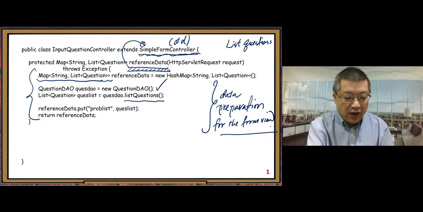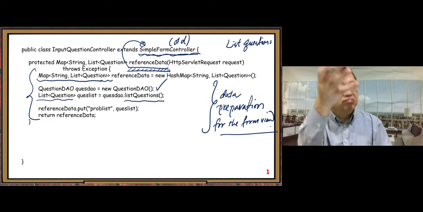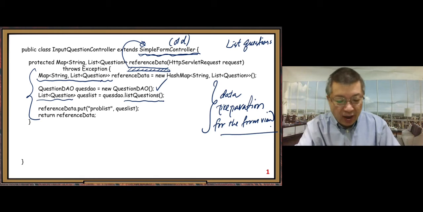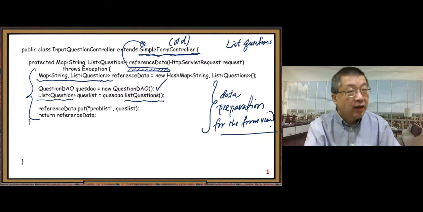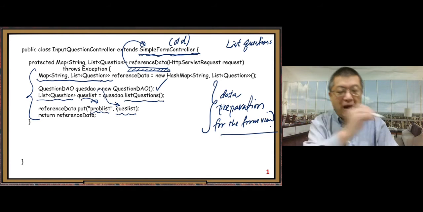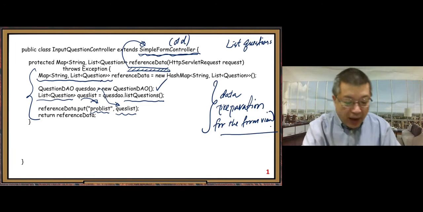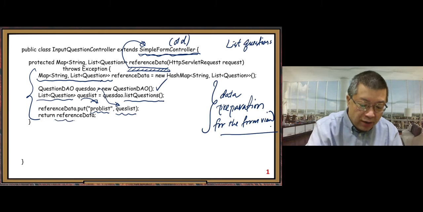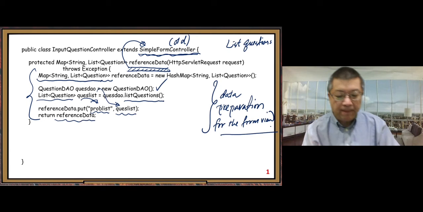So we get list of question, Java beans. Because it is a map object, we store it into this map object using key list as the key, then the value, that quest list, is the value part. After that, you just return that reference data.